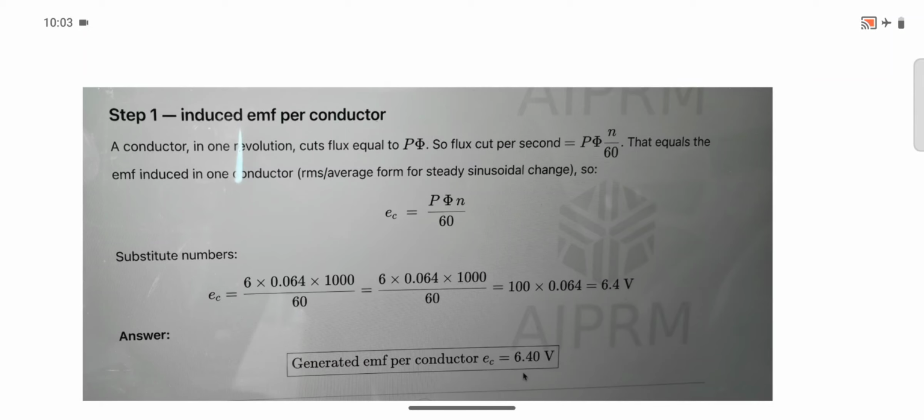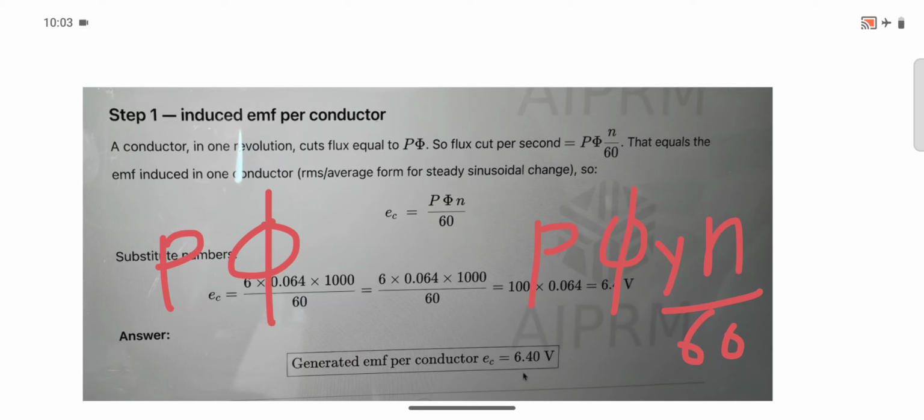Now, induced EMF per conductor. A conductor in one revolution cuts flux equal to P phi. So flux cut per second is equal to P phi n divided by 60. The P phi is the flux cut in one revolution, and we have to calculate per second.